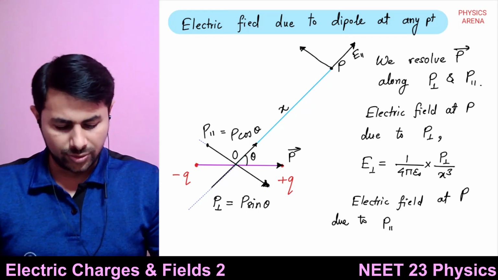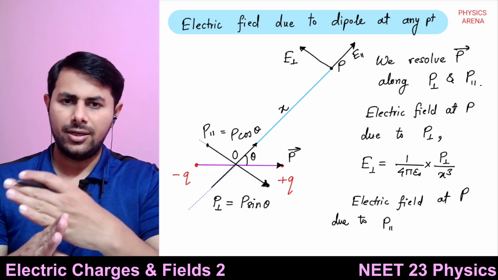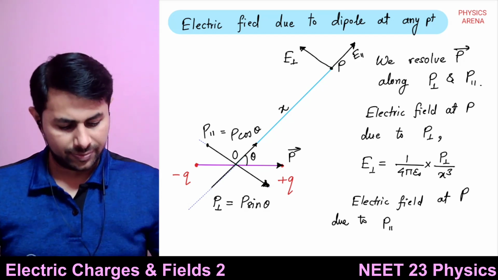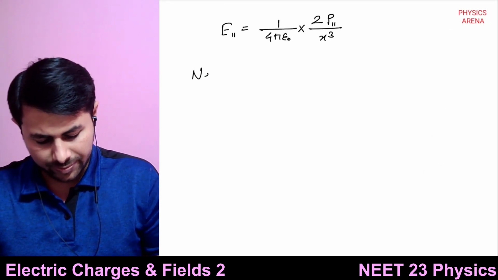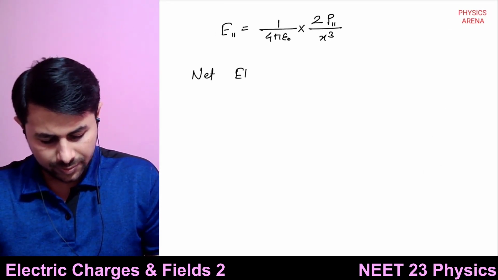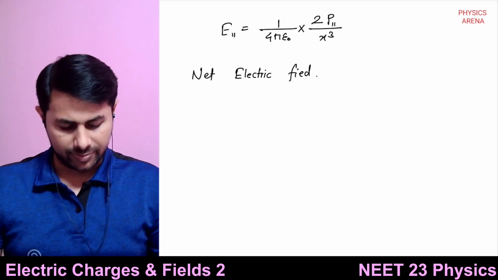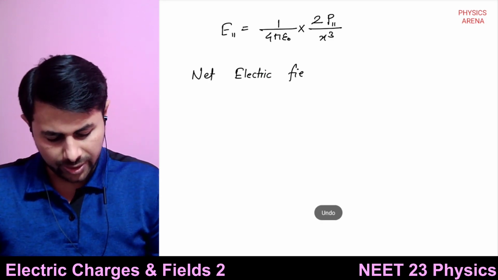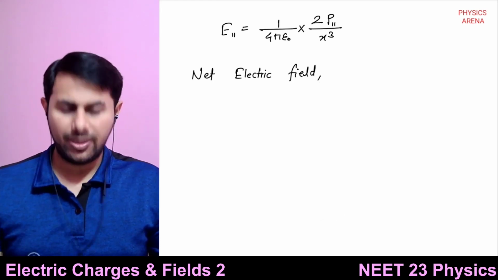These two components of electric field are at right angles to each other. So how much would be the net electric field? The net electric field would be the vector sum of E perpendicular and E parallel.